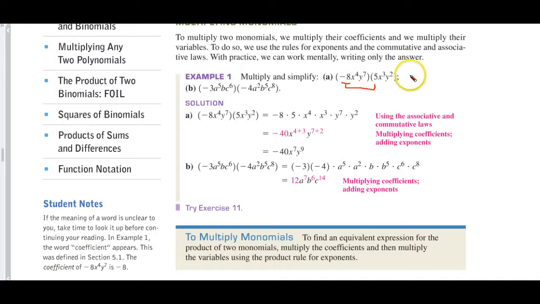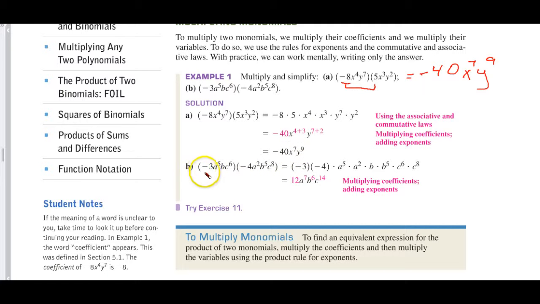So you're going to multiply these two. So a -8 times 5 will be a -40. Now for the variables, we're just going to add the exponents. 4 plus 3 is 7. Y to the 7th plus 2, y to the 9th. So that's pretty straightforward.